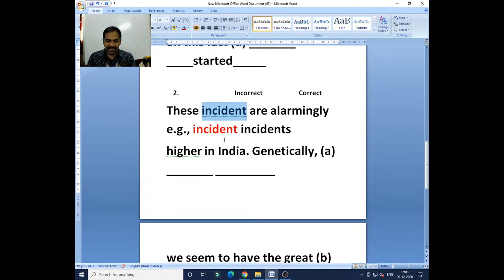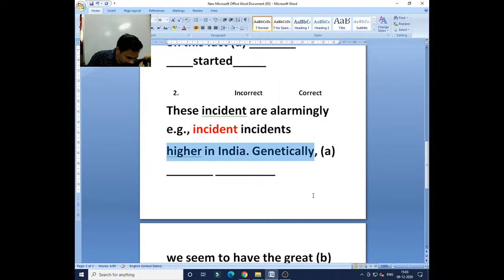These incidents are alarmingly higher in India genetically. From here to here only, one mistake you can see, up to the comma.